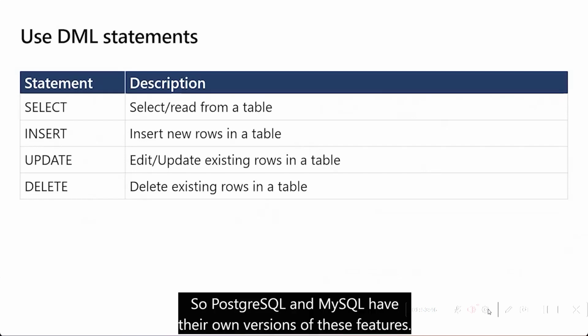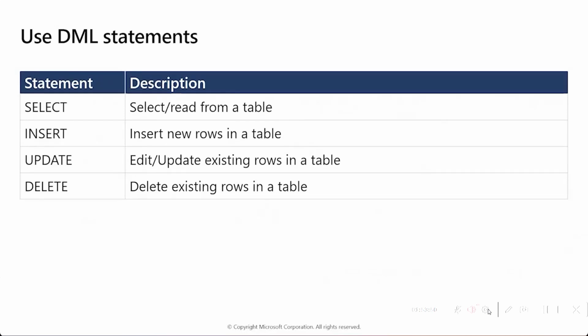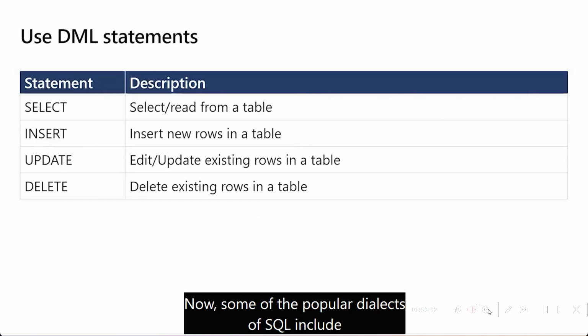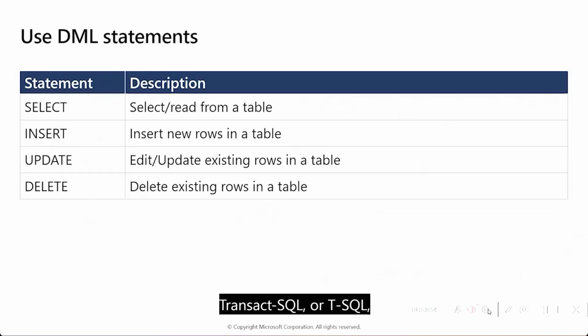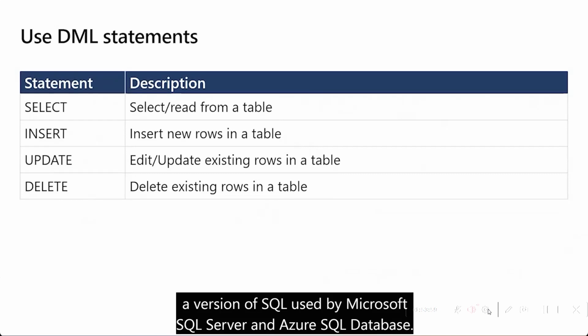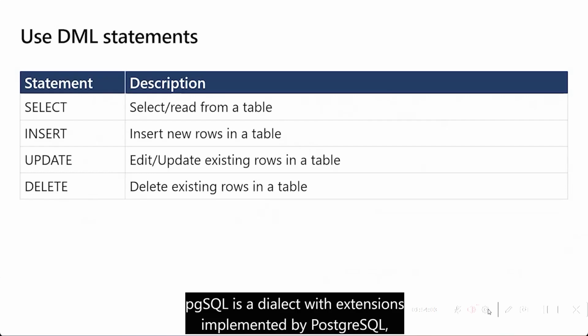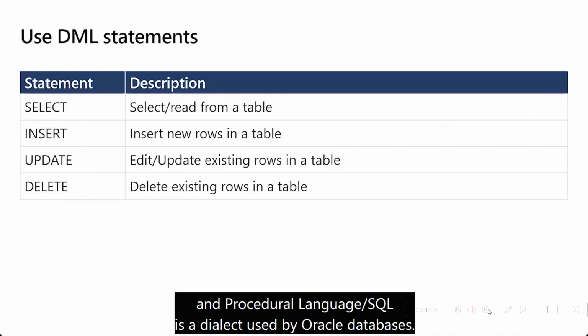PostgreSQL and MySQL have their own versions of these features. Some of the popular dialects of SQL include Transact-SQL or T-SQL, which is a version of SQL used by Microsoft SQL Server and Azure SQL Database. PL/pgSQL is a dialect with extensions implemented by PostgreSQL, and Procedural Language over SQL is a dialect used by Oracle databases.